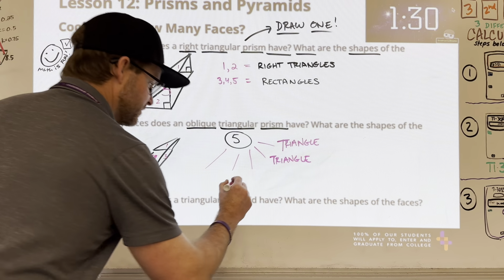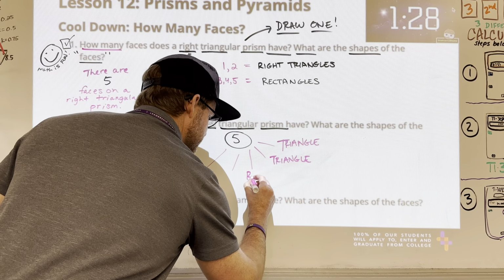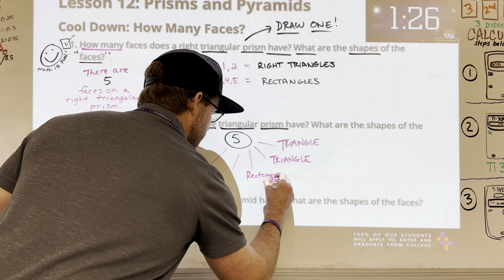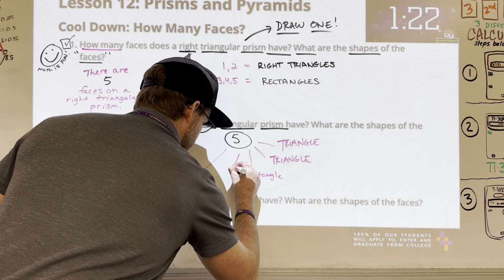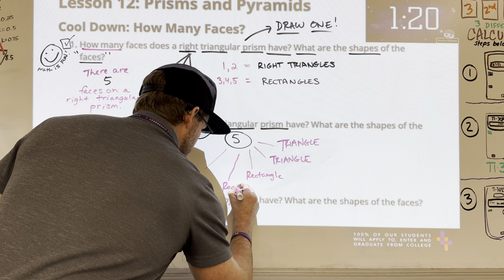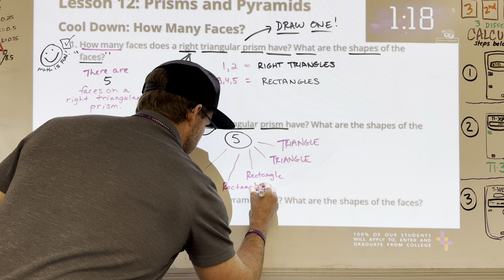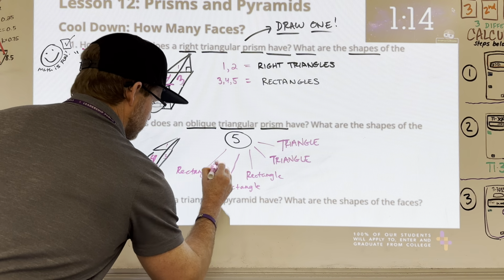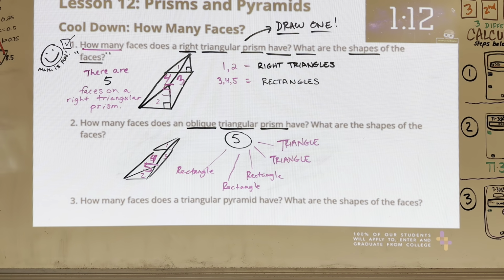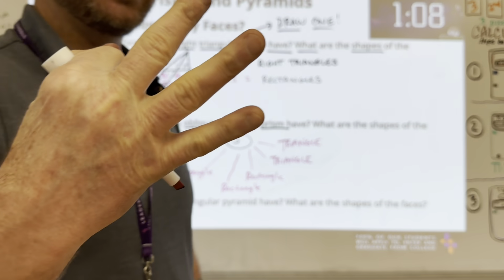And then you have 3 rectangles. So you've got 2 triangles, 3 rectangles.